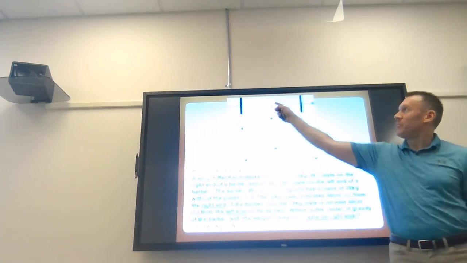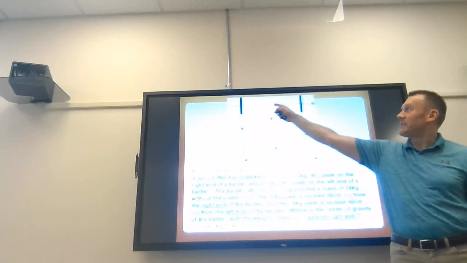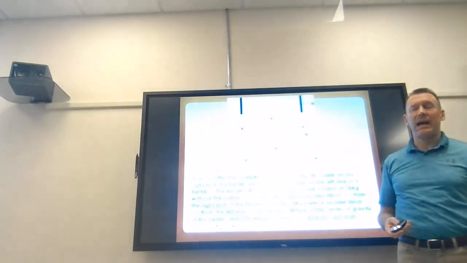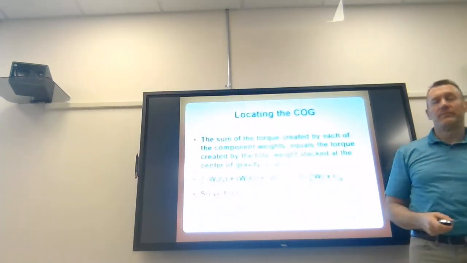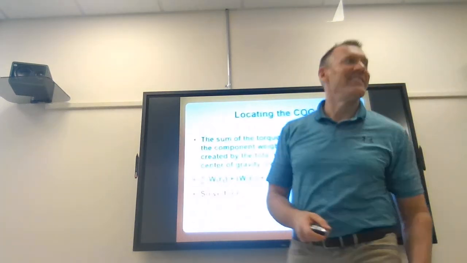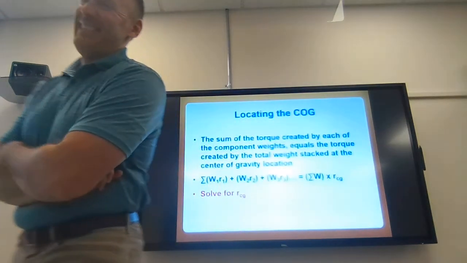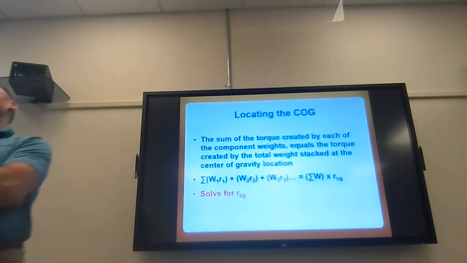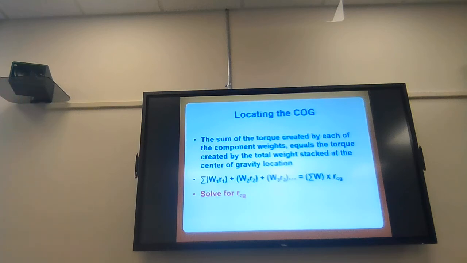So the middle is 1.1, so you should be getting an answer that's a little bit this way relative to this axis. Anybody got an answer yet? Very good, Levi. That's right. 1.03, 1.04, somewhere in that neighborhood.